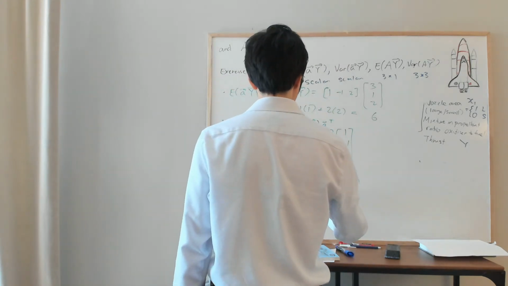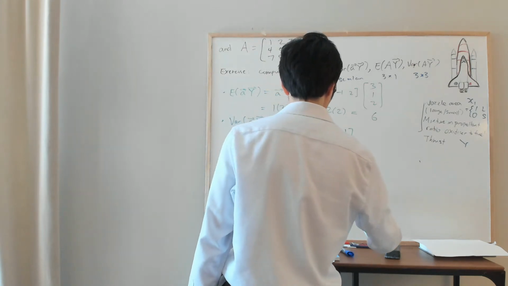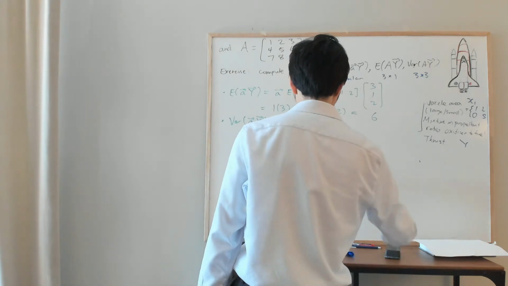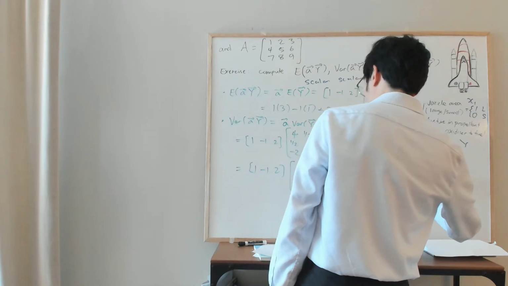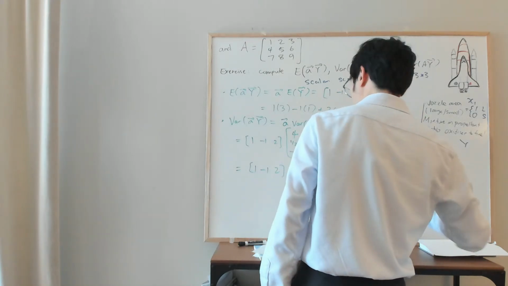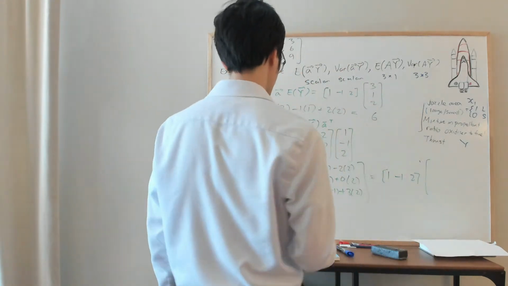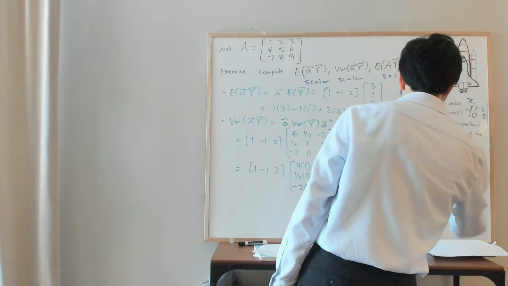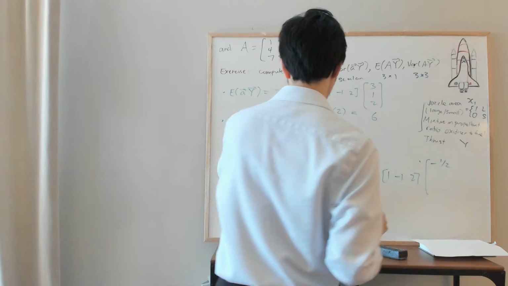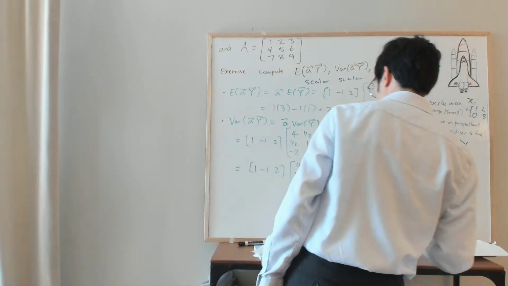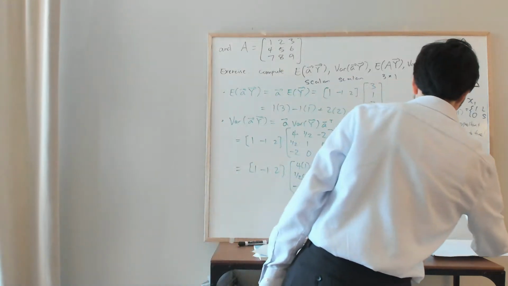And the third entry, minus 2 times 1 plus 0 times minus 1, and 3 times 2. Okay, so after simplifying, what is this? This is minus a half. This one is minus a half. And then the last one is minus 2 plus 6, so it's 4.